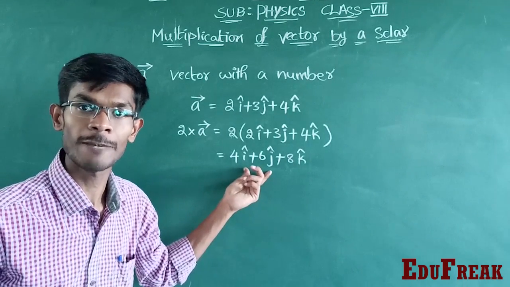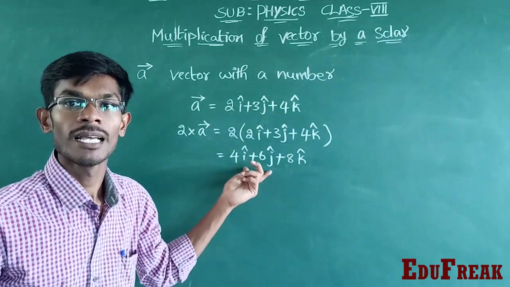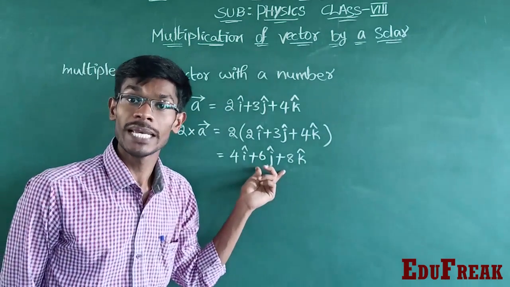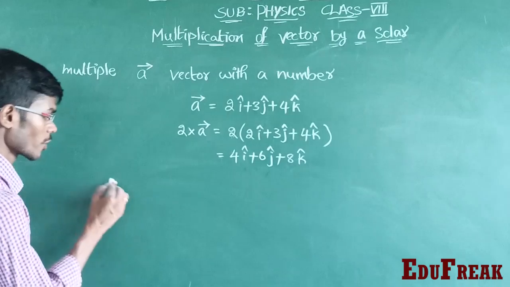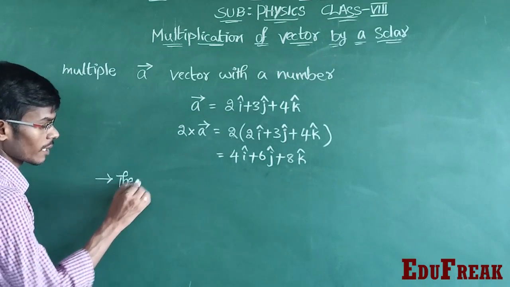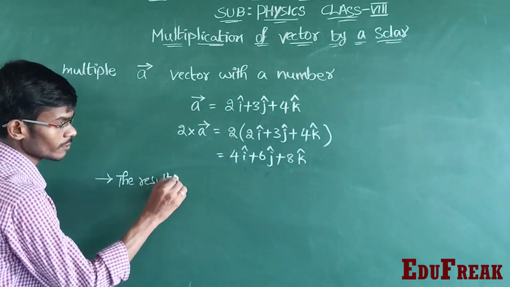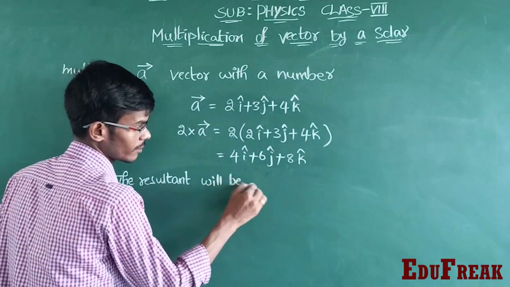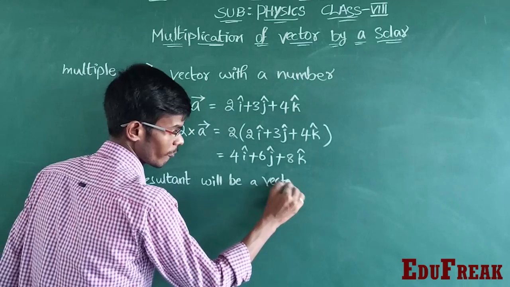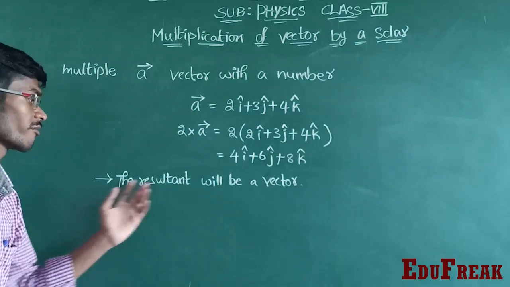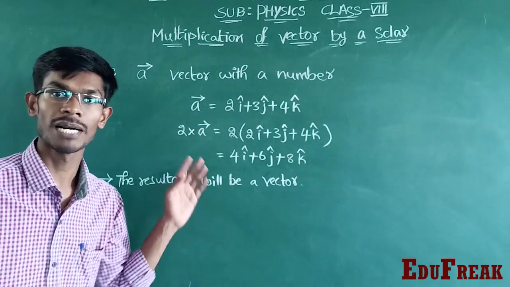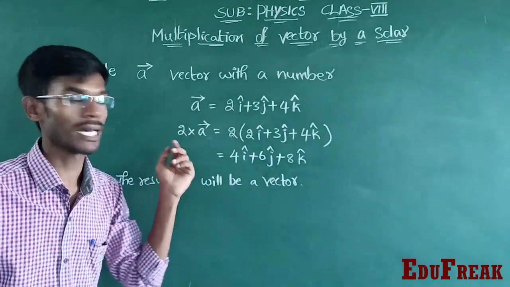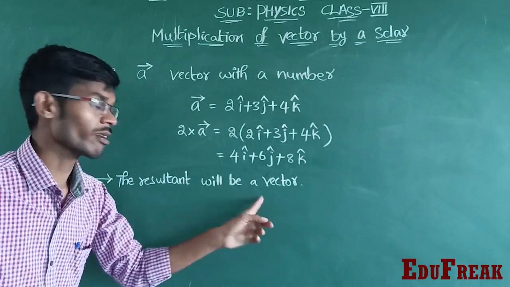If you multiply a vector A bar with any positive number, the resultant will be a vector. We should remember this.